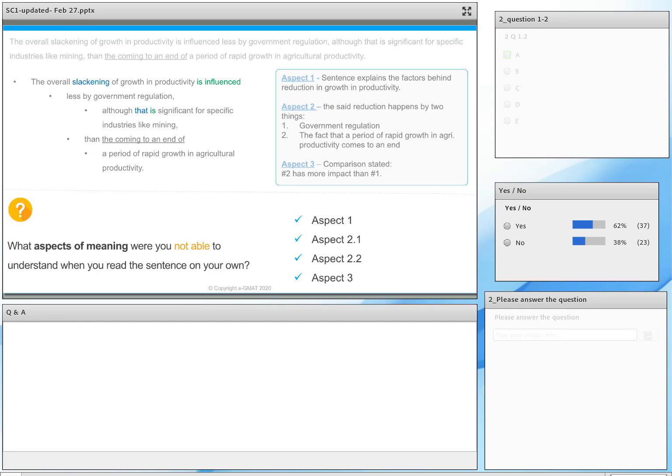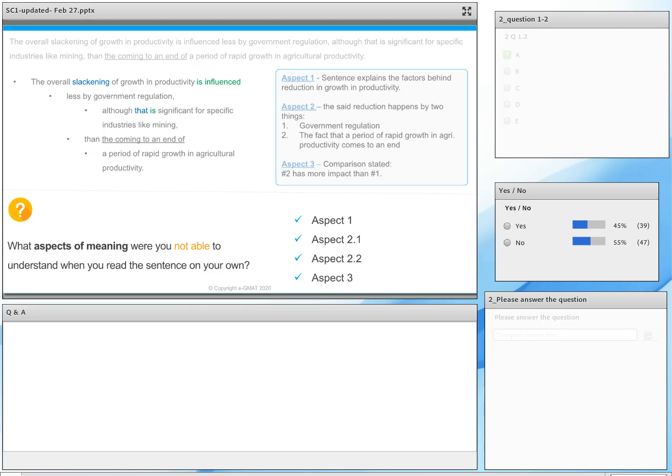Because only 25% of us answered this question correctly, which tells me that somewhere we were not able to get to the correct meaning. Okay, so good. I'm glad to see that we're being honest with ourselves.